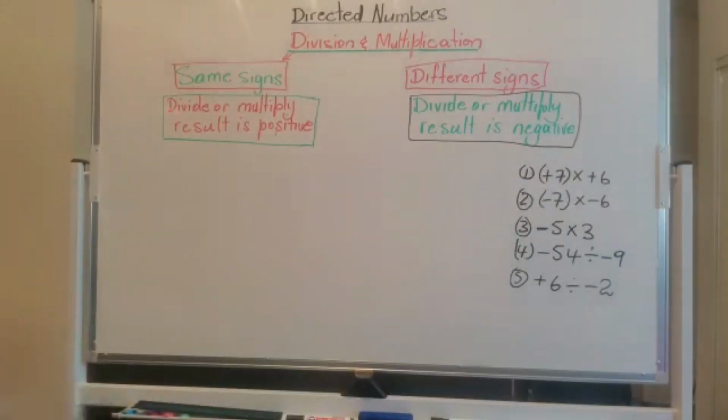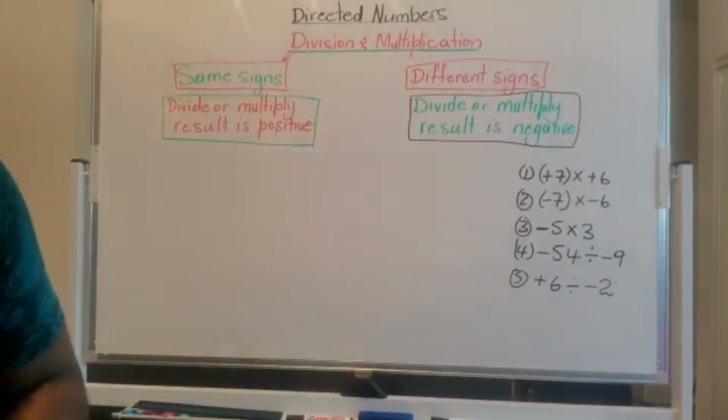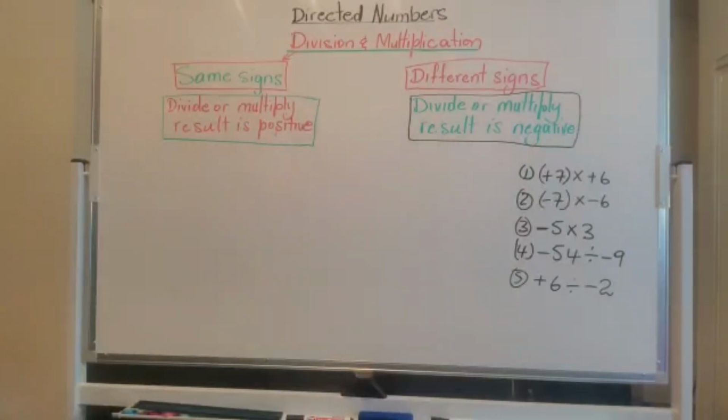On the opposite side, when the signs are different, we subtract the smaller numerical value from the bigger value and we take the sign of the bigger absolute value.